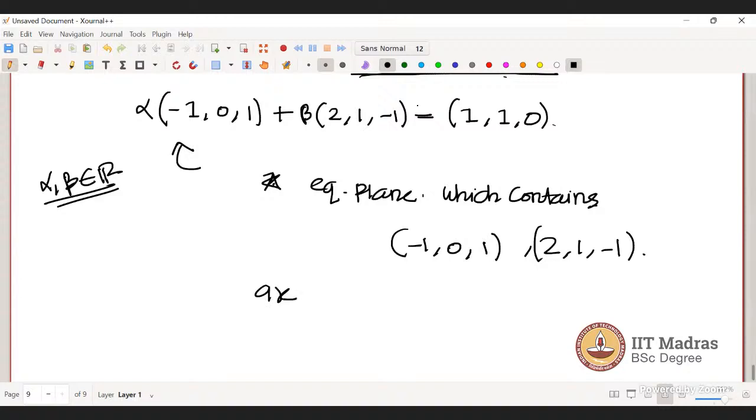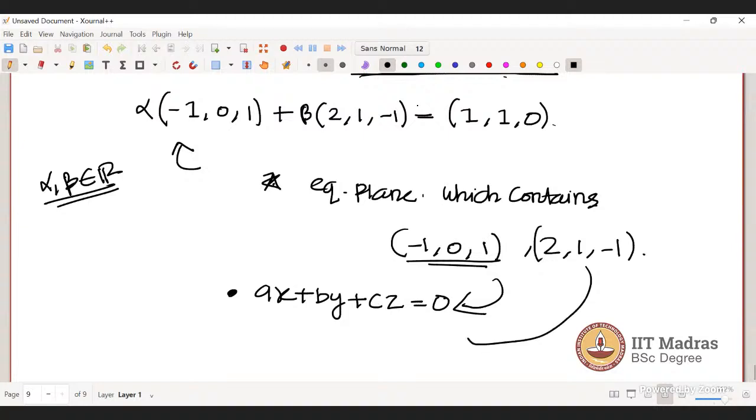If the plane passes through the origin, then the equation of the plane should be of the form ax plus by plus cz equals 0. Now you substitute the values of this vector here and that vector here, you will get two linear equations, and from there you can get the equation of the plane.